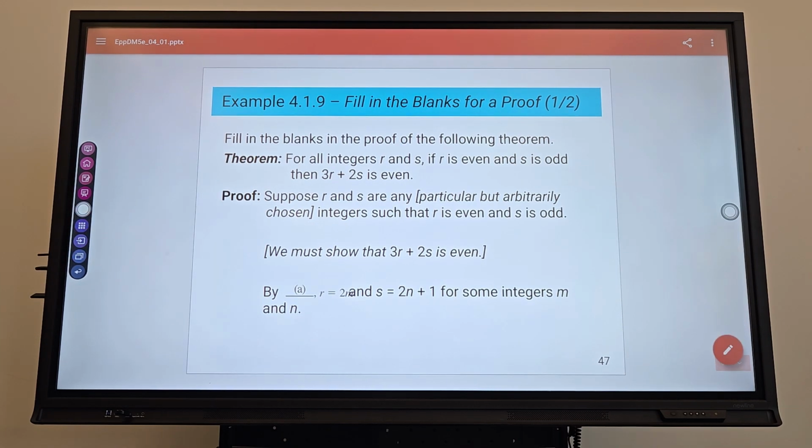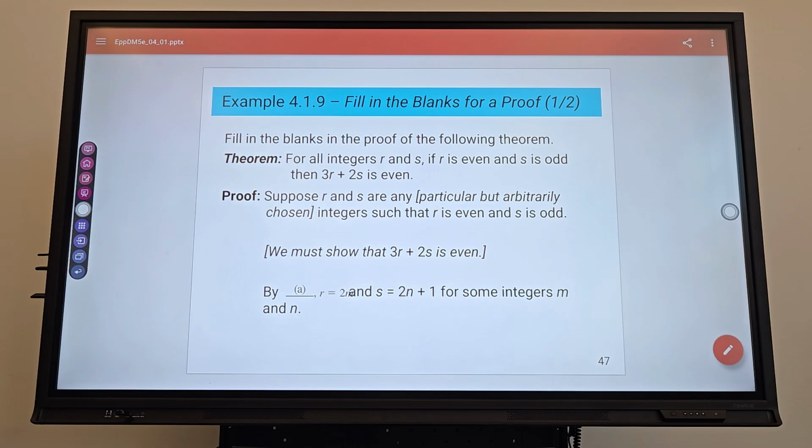Fill in the blanks in the proof of the following theorem. For all integers r and s, if r is even and s is odd, then 3r plus 2s is even. Suppose r and s are any particular integers such that r is even and s is odd.